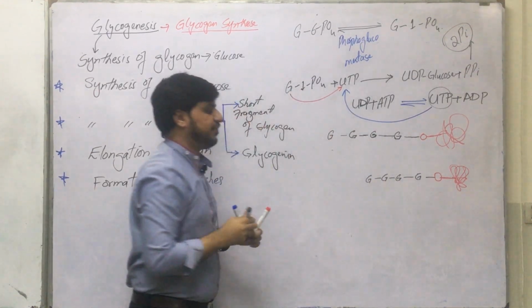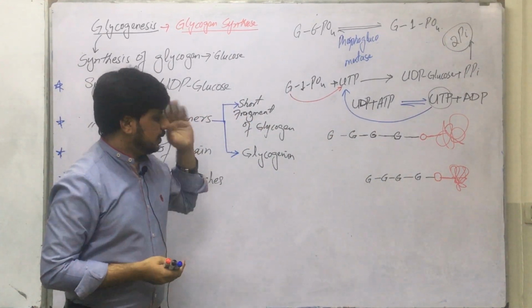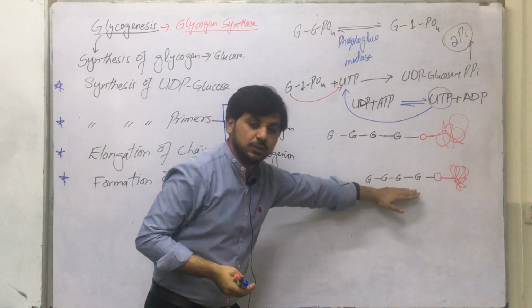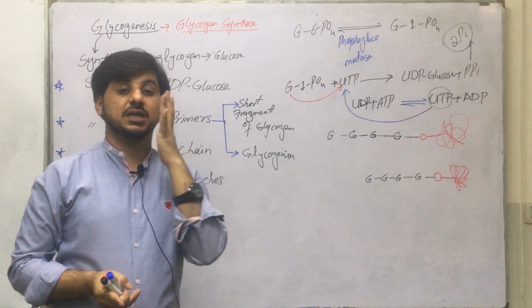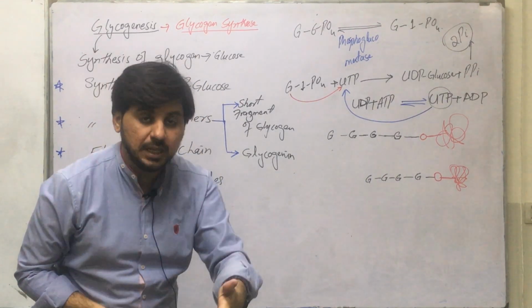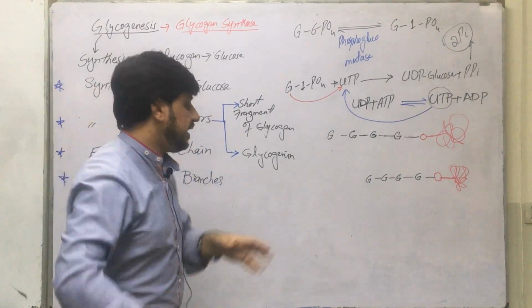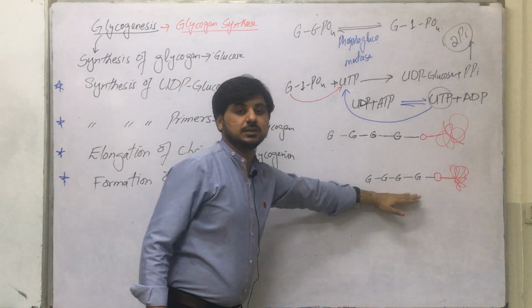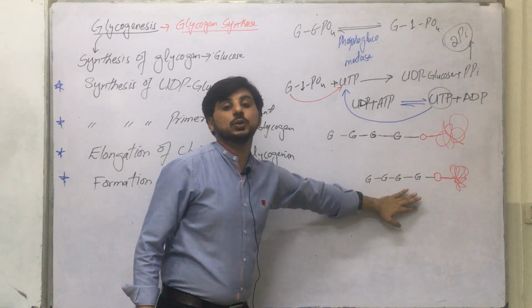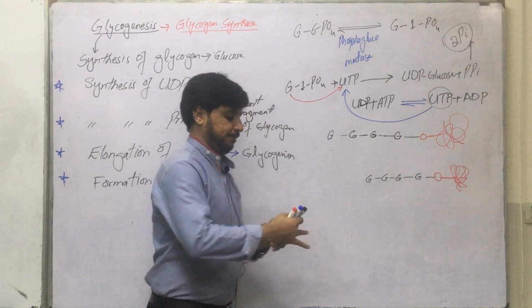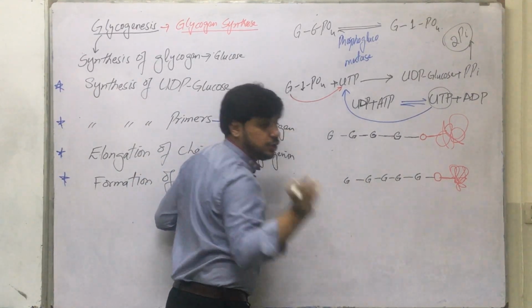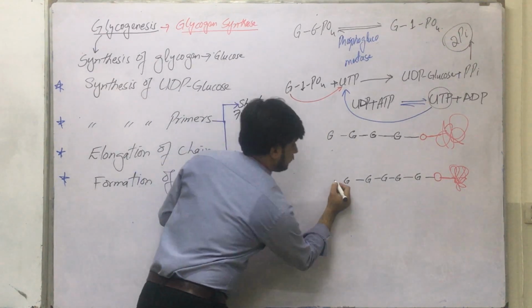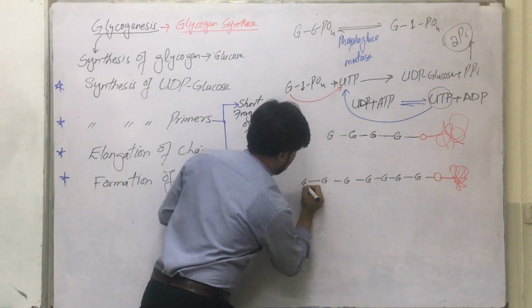Then the glycogen synthase enzyme, which is a key enzyme, will come and start elongating this chain by the addition of glucose molecules like this to its non-reducing end, like this.